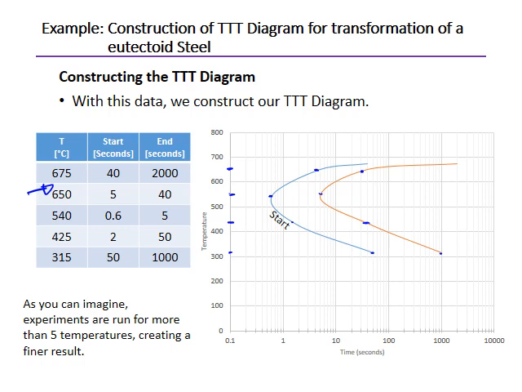So if we connect all the start lines, we call this the start of the transformation. Of course, this is the finish line or end of transformation. This is just as a reference. This is the 727 Celsius temperature. So we know that everything above this temperature is austenite.